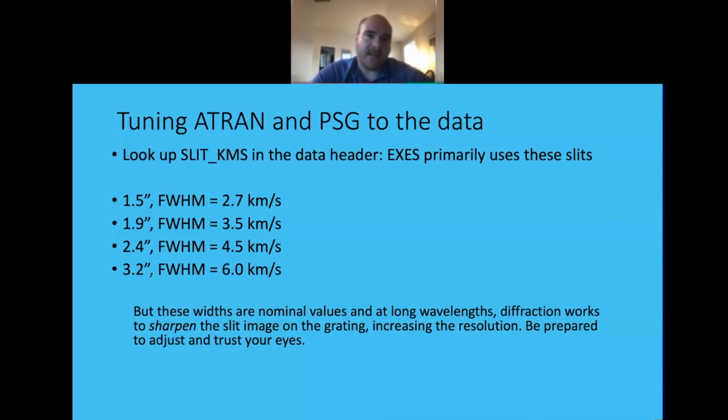So it effectively sees a narrower slit at these long wavelengths. So be prepared to trust your eyes and increase the resolution at these long wavelengths. And by long, I mean greater than 10 microns. I don't see this effect very much at the shorter wavelengths, and basically you get the nominal resolutions.